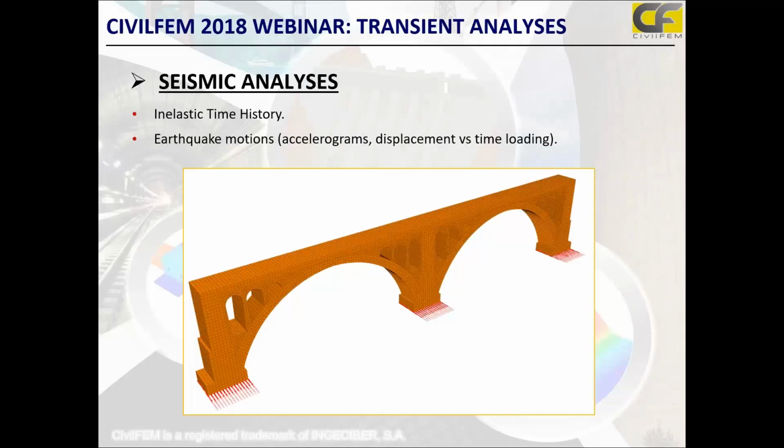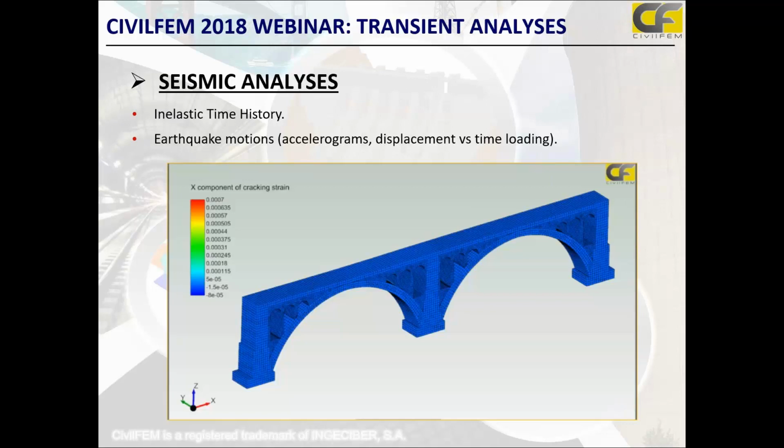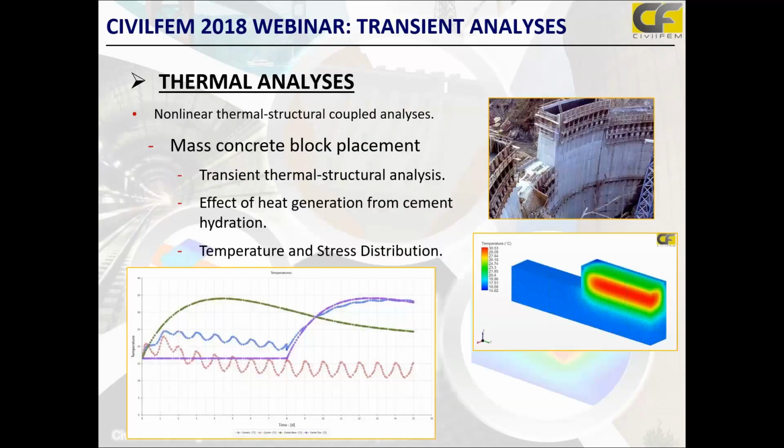Another way of taking transient loadings into consideration in CivilFEM is if we are performing thermal analysis. In this case, we can always, of course, include nonlinearities. Here, this is a mass concrete block, and because of the effect of the heat generation from the hydration of the cement, we can see the temperature and stress distribution along time, in this case, along days.